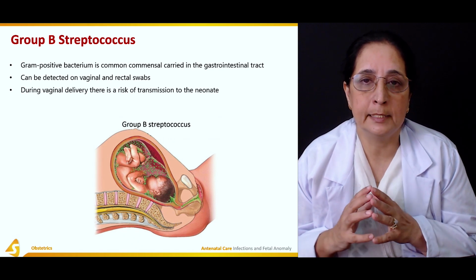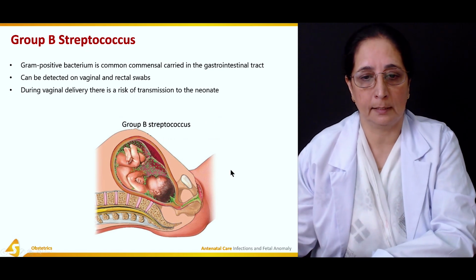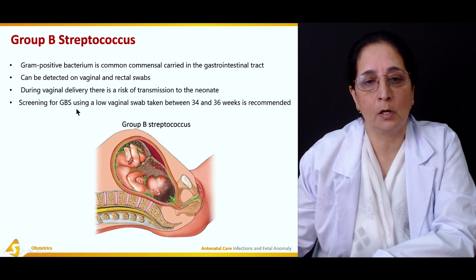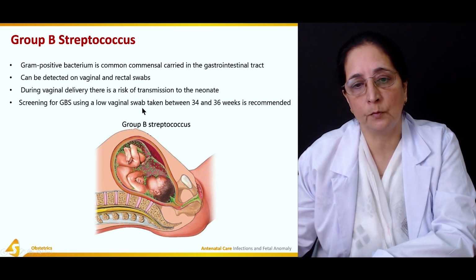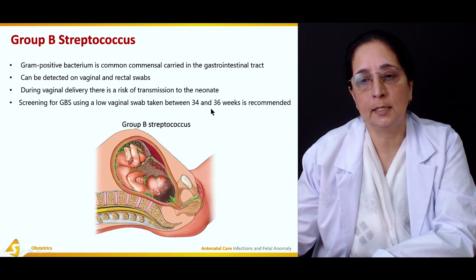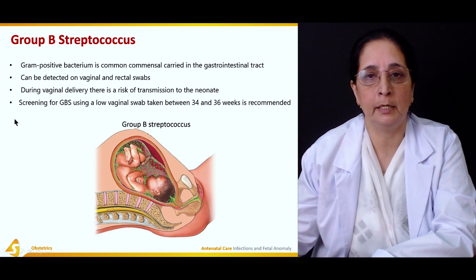It is diagnosed by vaginal and rectal swabs. Screening using a low vaginal swab taken between 34 and 36 weeks is recommended. So it's important to do the screening for this.